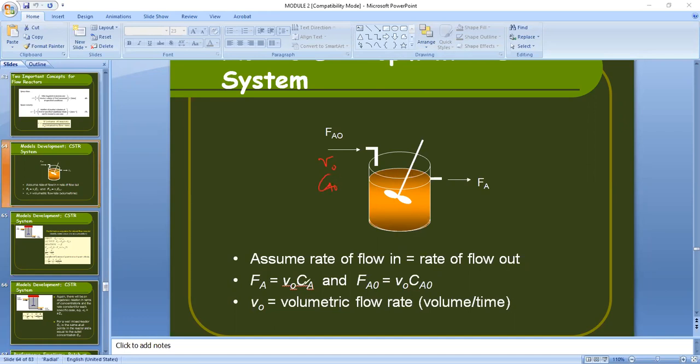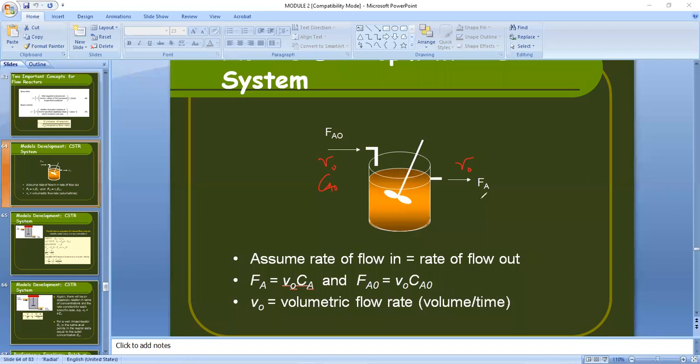Your FA will be, of course, your v sub O still, because this is a constant volume system. Whatever enters the system, the same volume leaves. But this time for FA, you will multiply by the CA, the remaining amount of A not converted. Okay, so this is for the FA and this is for the FAO.